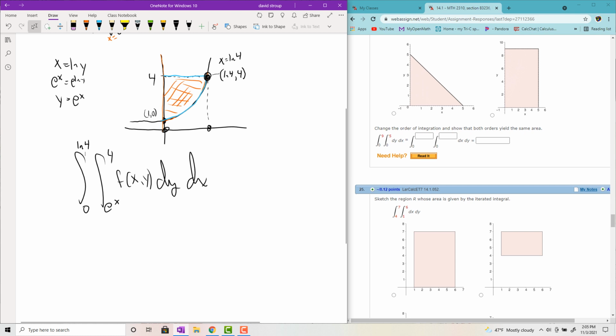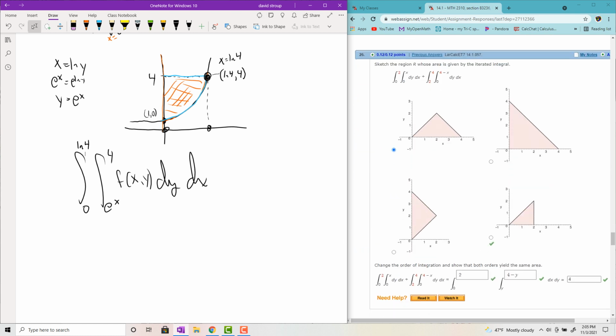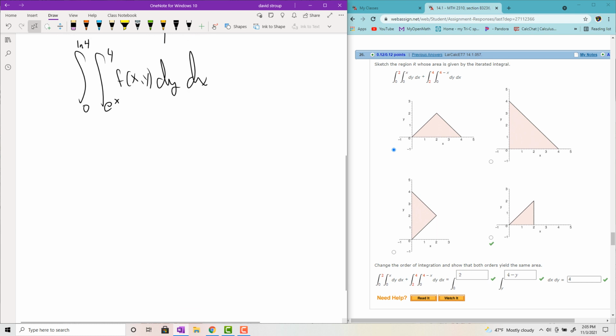So this time you are sketching the thing, changing the order, and then integrating. Okay, so it's one of the nasty ones where it has a sum of integrals to describe the region.